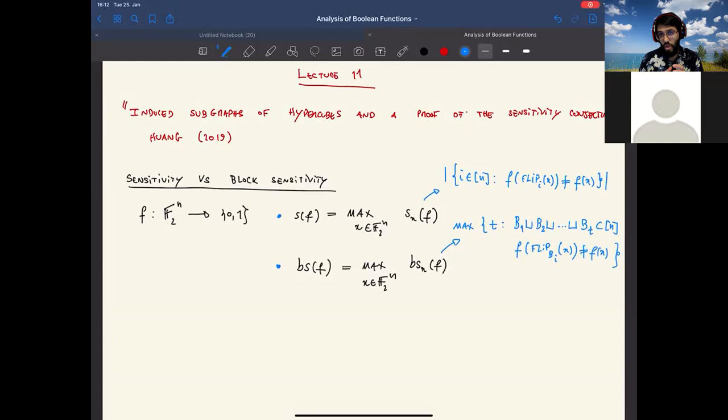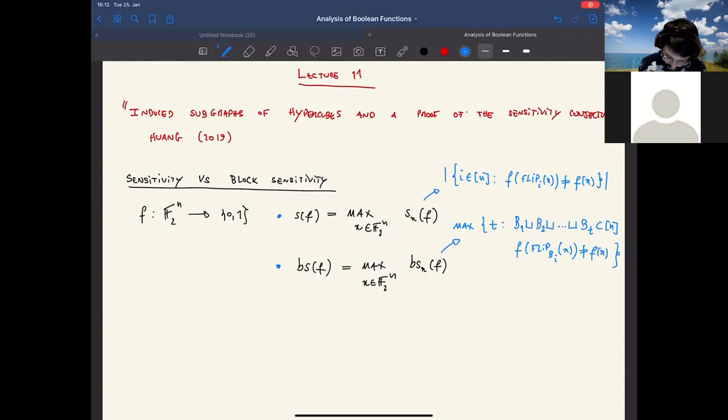So you take the largest disjoint union of blocks, in terms of the maximum number of different blocks. If flipping the entire block gives a different value, then you count it, and then you take the maximum over all t.